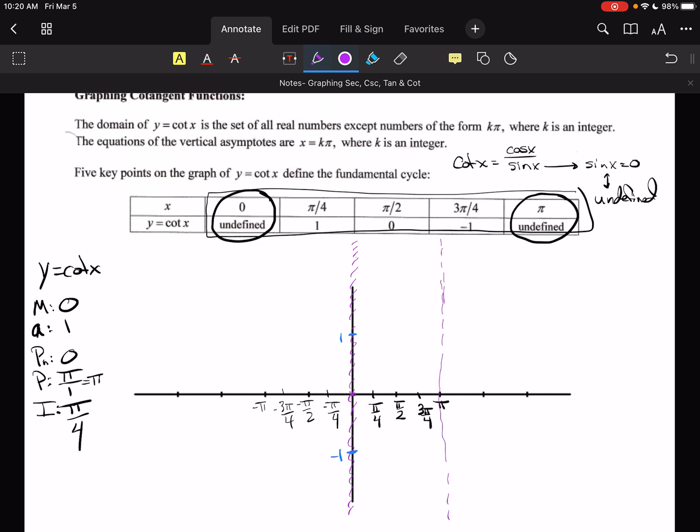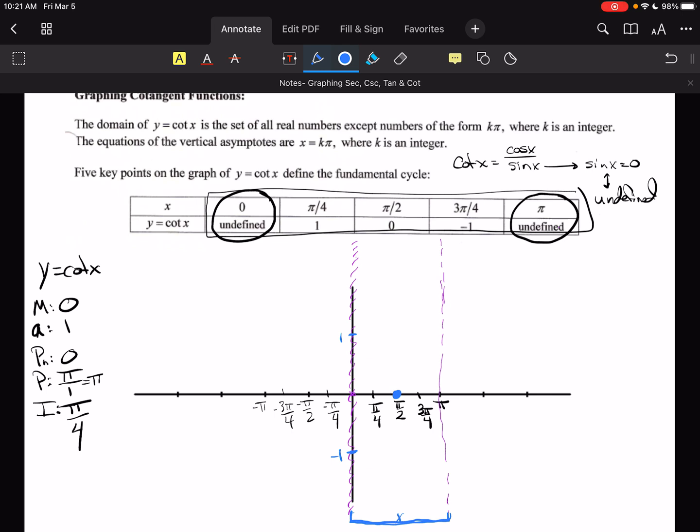And the same idea as tangent. Here's my period. Look directly in the middle, halfway. That's where the center point goes.